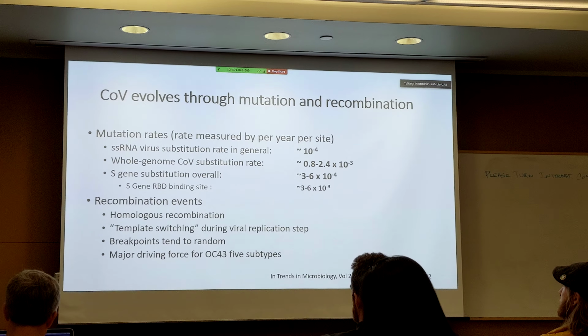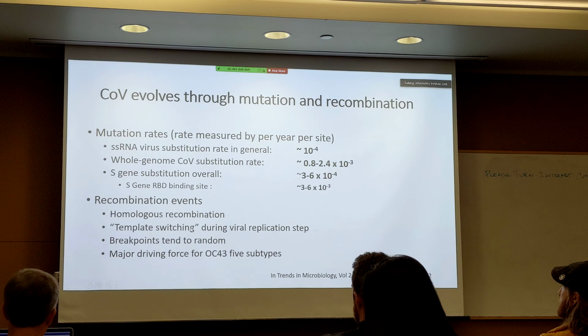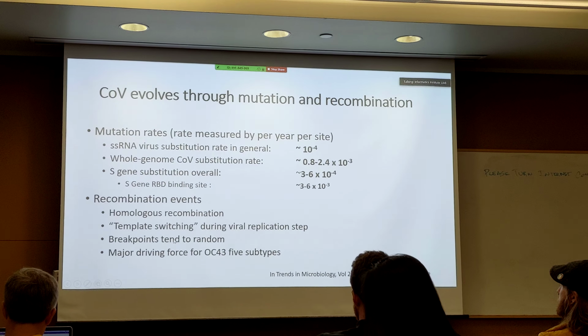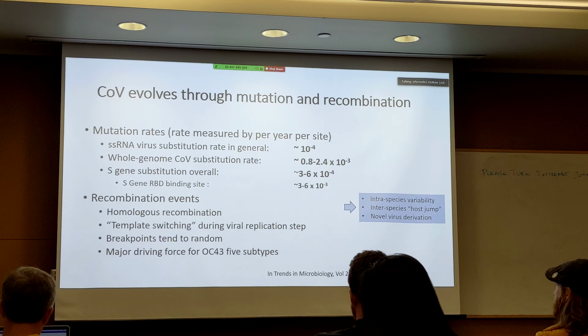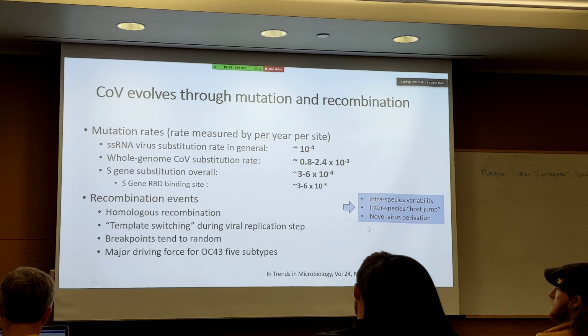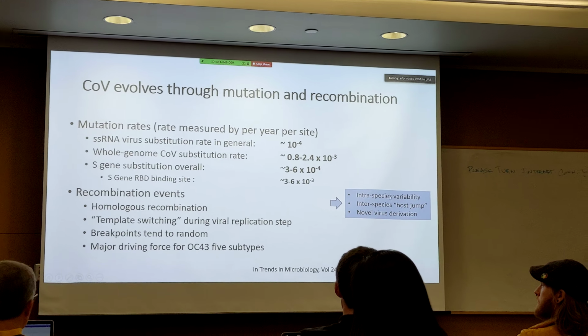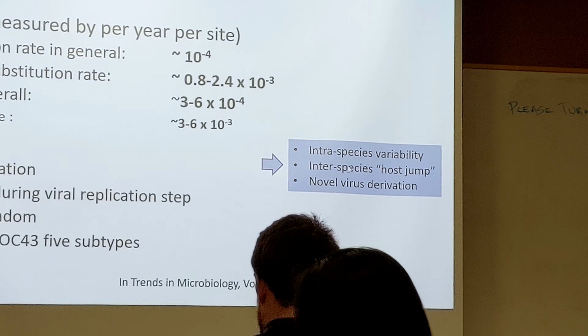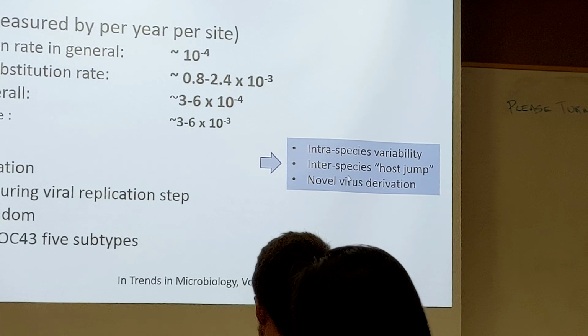But sometimes it uses one template and sometimes it uses another, and therefore the breakpoints seem to be random. So you have these two mechanisms that essentially create the intra-species variability, and I'm going to show some of that later, and also the interspecies host jump.